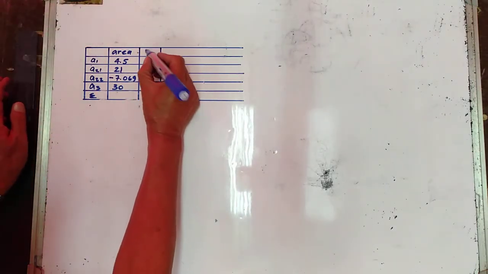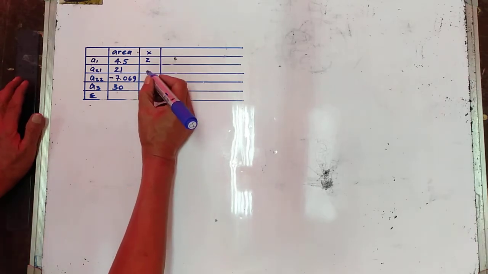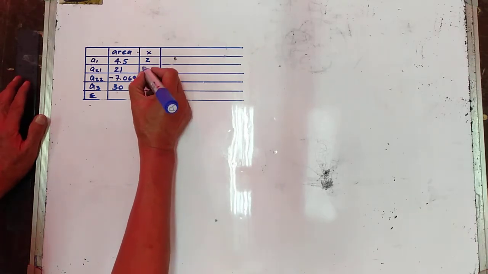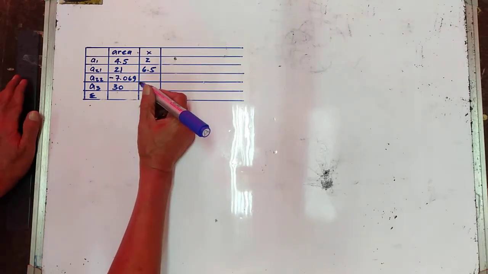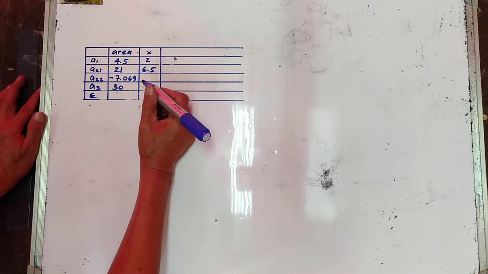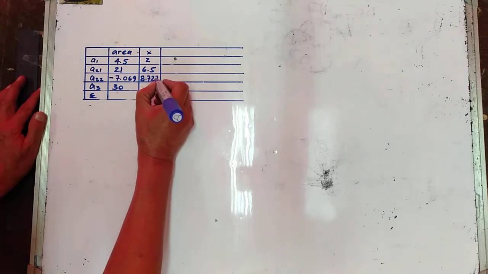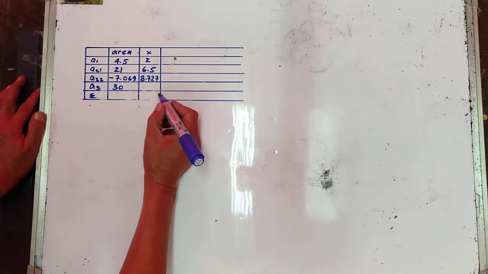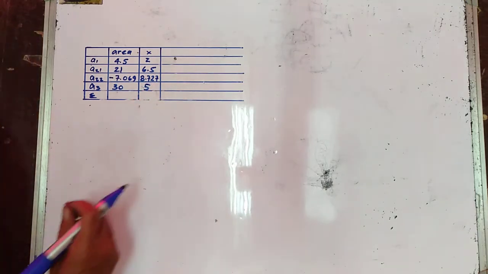So x for area 1 is 2. For area 2-1, it is 6.5. For area 2-2, it is 8.727. And for area 3, it is equal to 5.